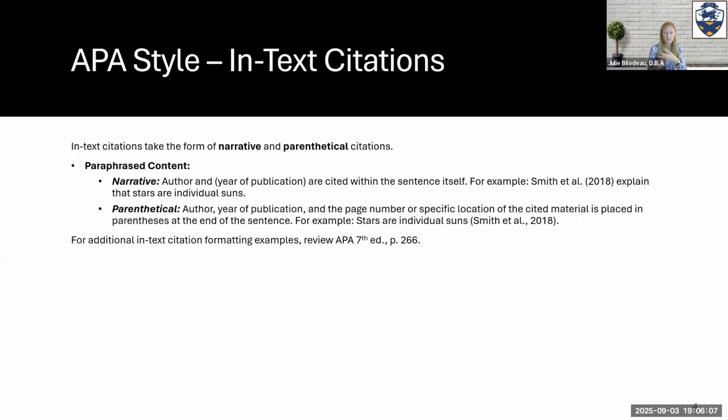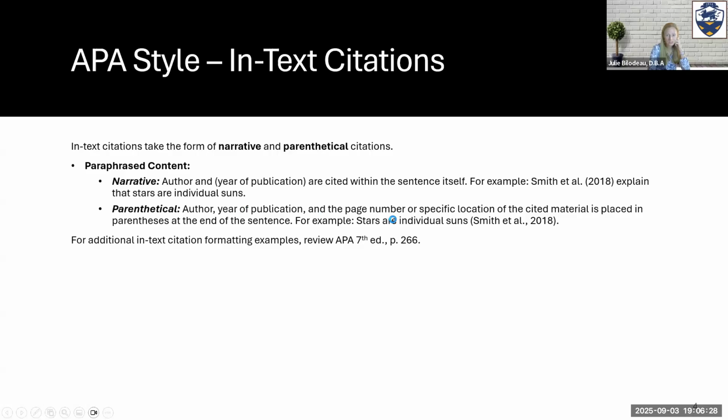This is a big difference from the 6th edition where you had to list all the authors the first time and then you could move to et al. No more. It's just et al. from the very beginning. So I do feel like the 7th edition is much more user-friendly, and this is one of those places where it's like, yay, big win. We can put et al. from the very beginning, but just keep that in mind.